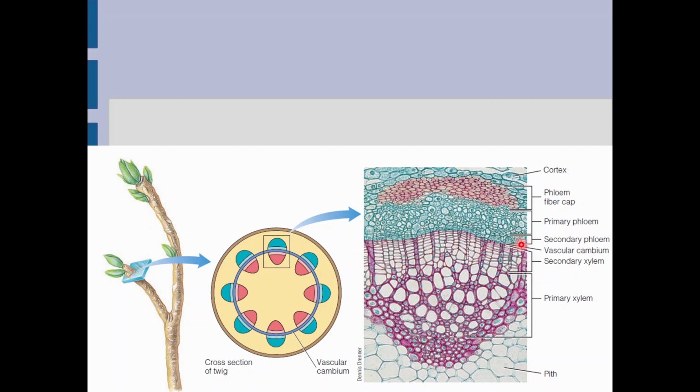So vascular cambium may give rise to the secondary phloem and secondary xylem. And this occurs usually in these parts of the stems.